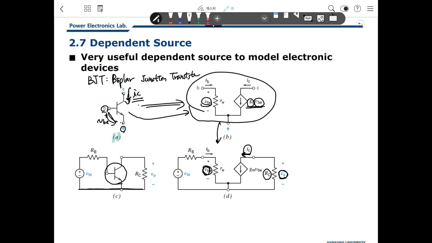So if we inject some VB here, then our VO can be calculated. What is VO? VO is minus RC gm VBE. That means VB is amplified by this gain to VO. So this is a very simple amplifier.